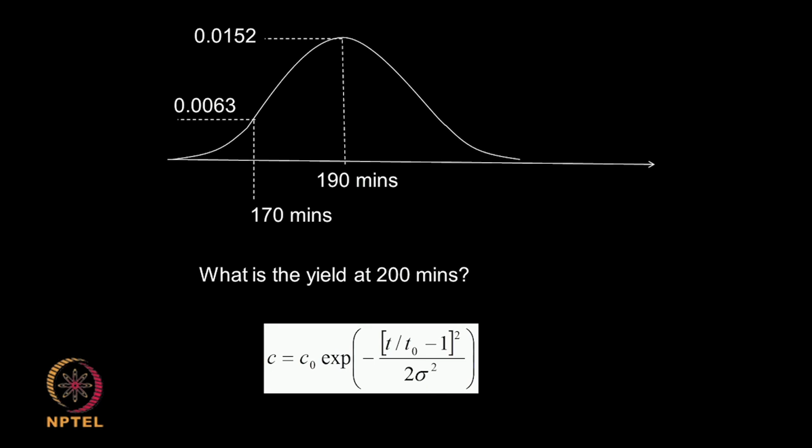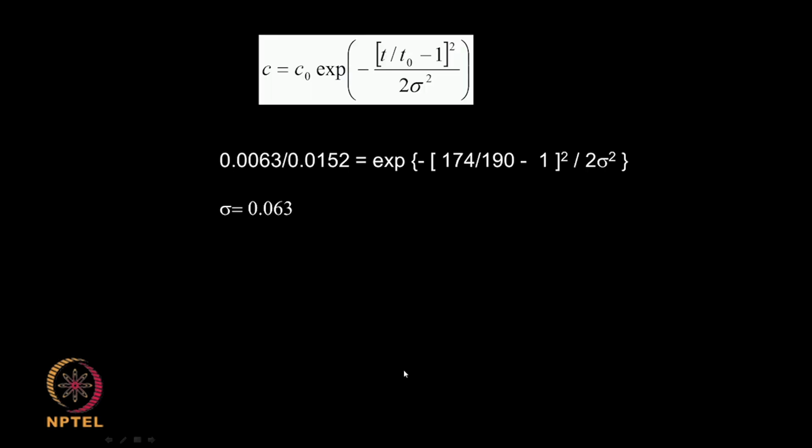If you remember error function, so using that error function equation I can calculate the yield. Let us go step by step. First let us calculate sigma. Same equation. So, I know C and I know T naught which is 190 minutes and I know C naught which is 0.0152, I know concentration C which is 0.0063 at 170th minute.